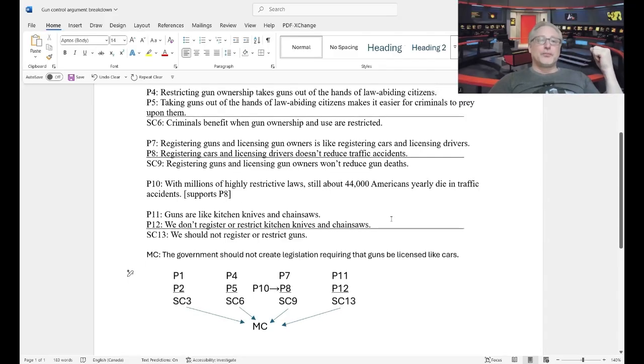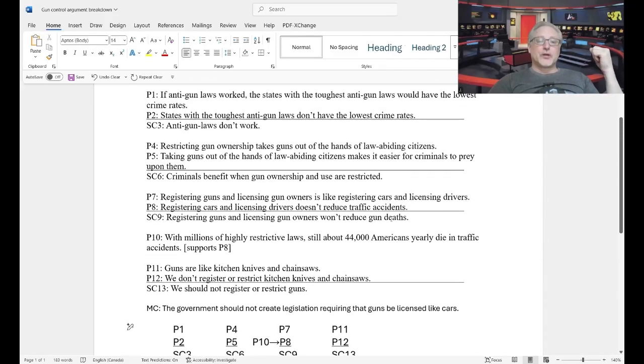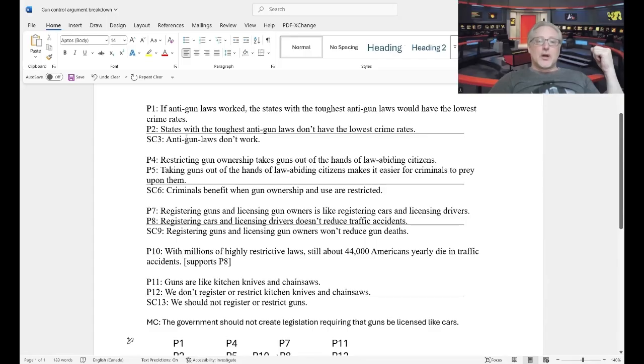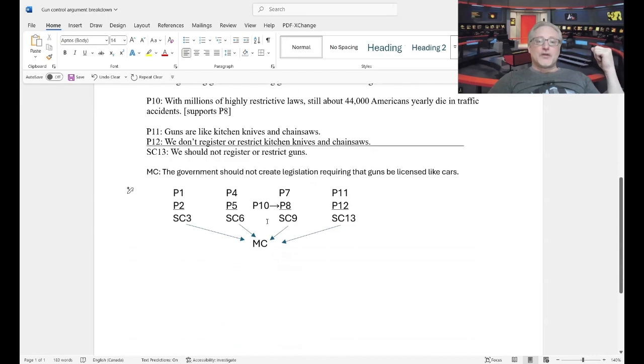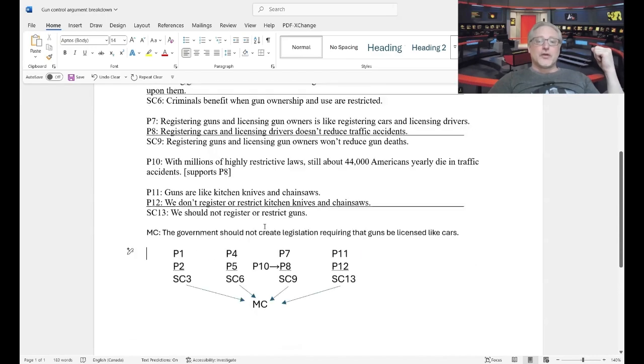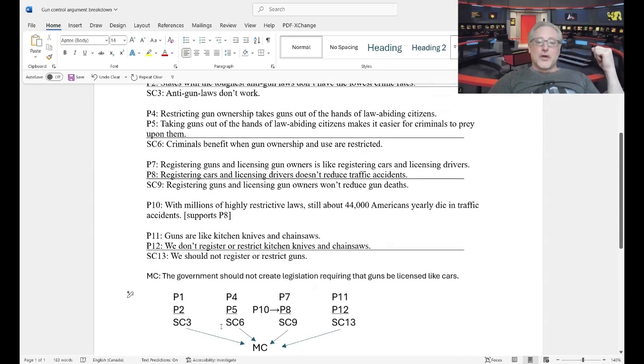So, for example, the first one, anti-gun laws don't work. Well, that supports the main conclusion regardless of whether the other subordinate conclusions are here or not. So anti-gun laws don't work. That supports the main conclusion.